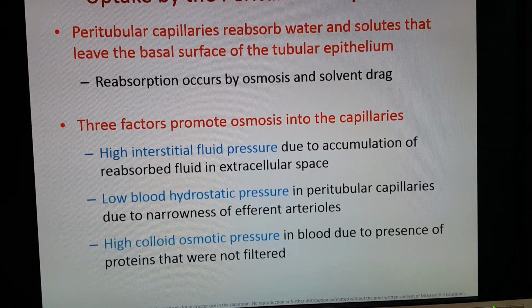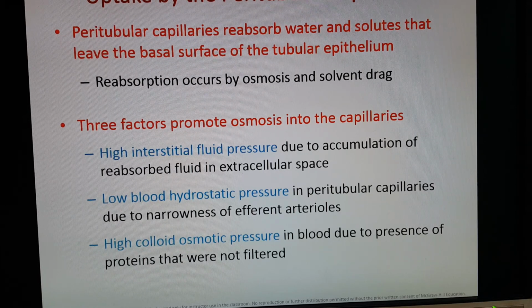So high interstitial fluid pressure helps to push against the capillaries and therefore drives fluid into the capillaries. A low blood hydrostatic pressure, so low blood pressure, helps to have less force countering fluid coming into the capillaries. And then a high colloid osmotic pressure of the blood. So if you remember earlier, you have your blood filtrate in the glomerulus.